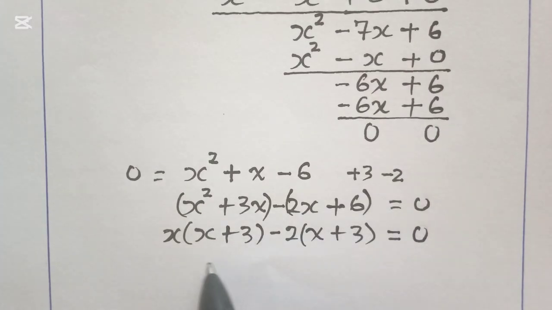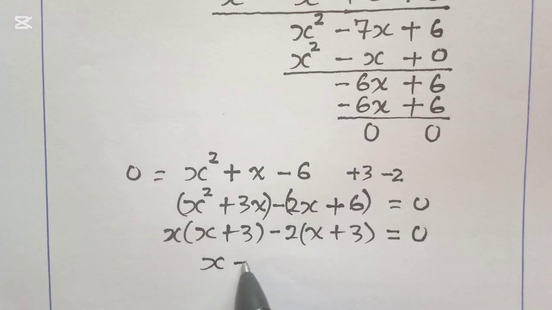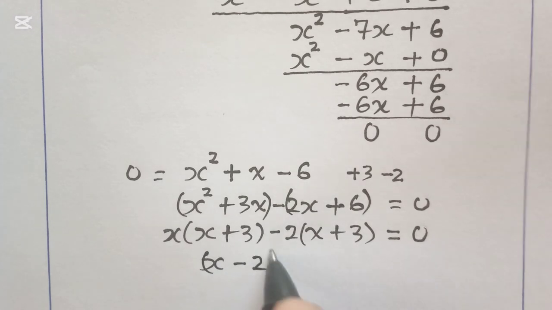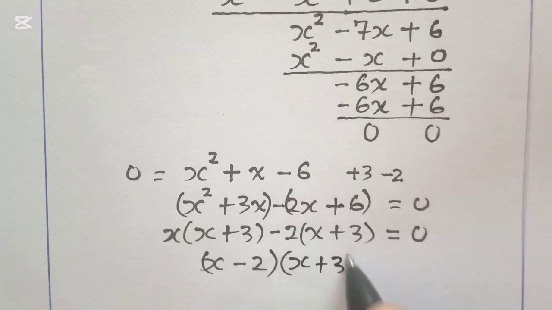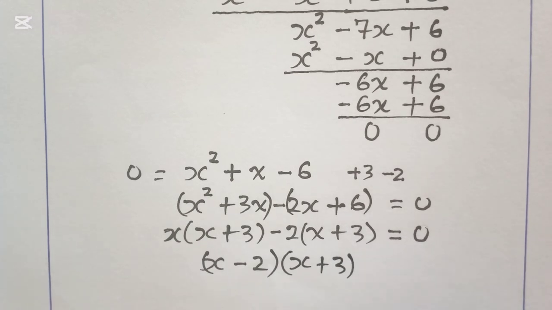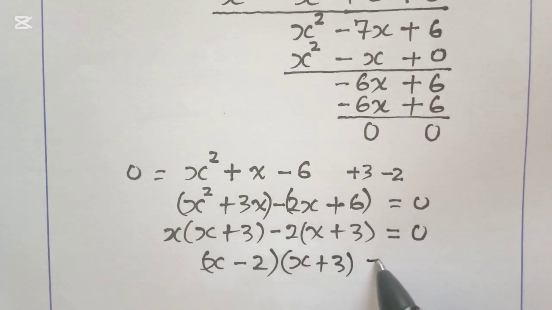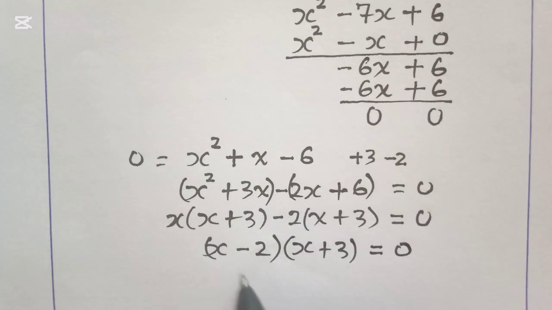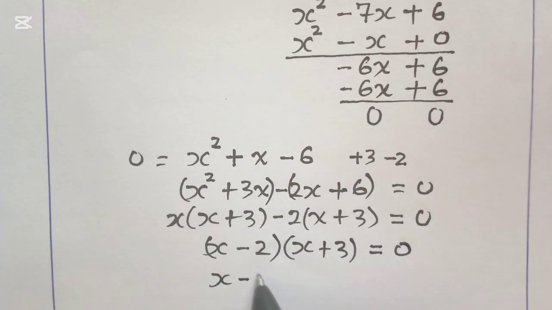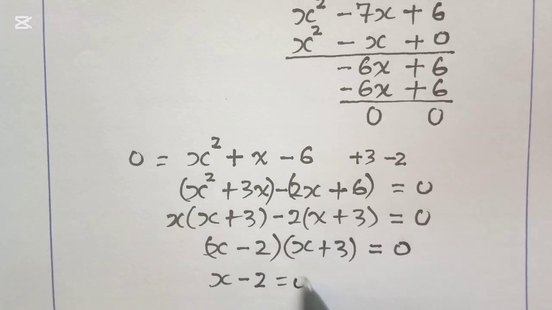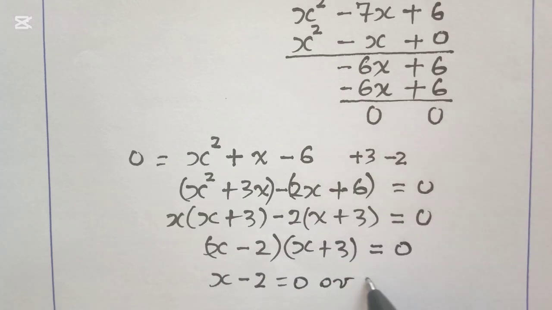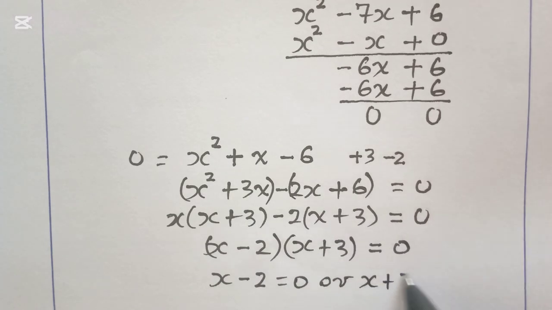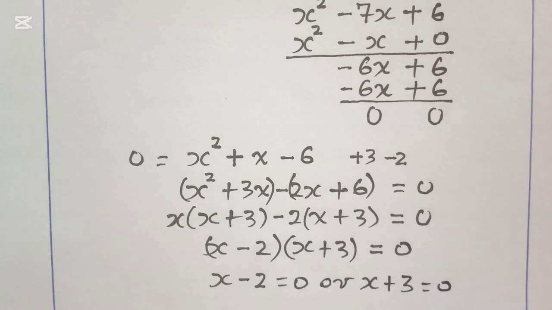We continue again. Then we can now have these two factors, x minus 2 and x plus 3. So these factors give us 0. So we can say x minus 2 is equal to 0, or x plus 3 equals 0.